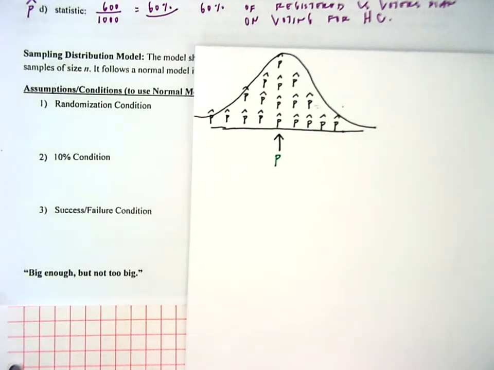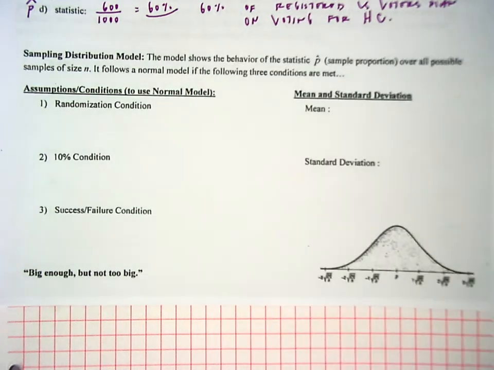Our sample should be an SRS of the population. We know that every individual should have the same opportunity, the same chance to be picked as part of the sample. So here I'm just going to write, should be an SRS.